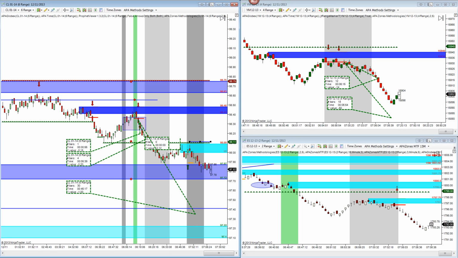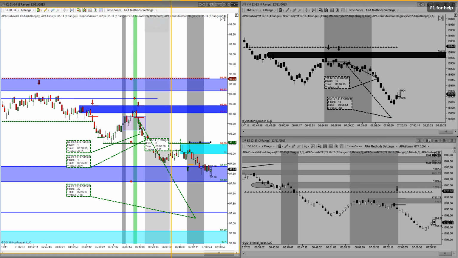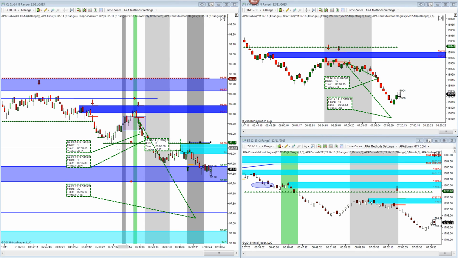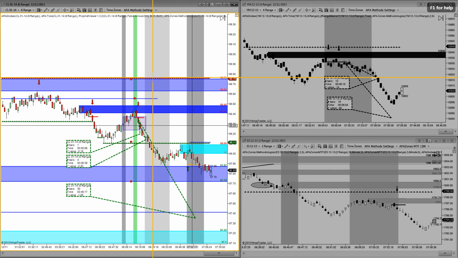I did a short at like 8:28, 6:28 your time, right when it broke that Globex low. I got short at 98.11, and just did 2 targets. Got the majority. Let me just take a picture of it.